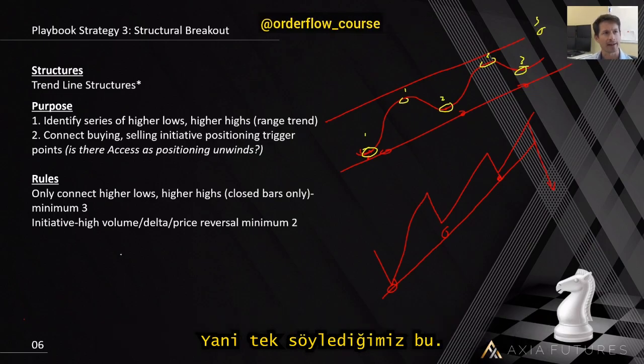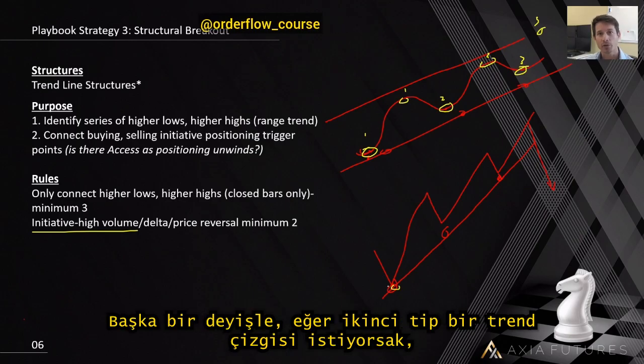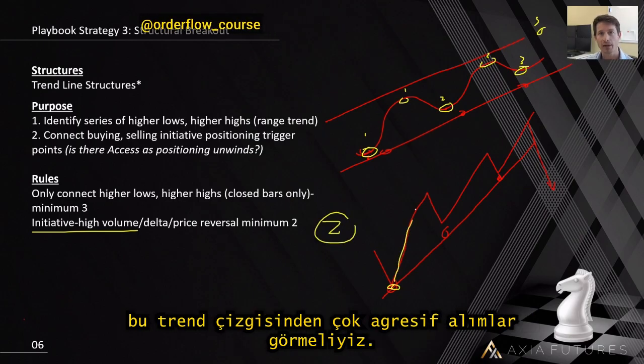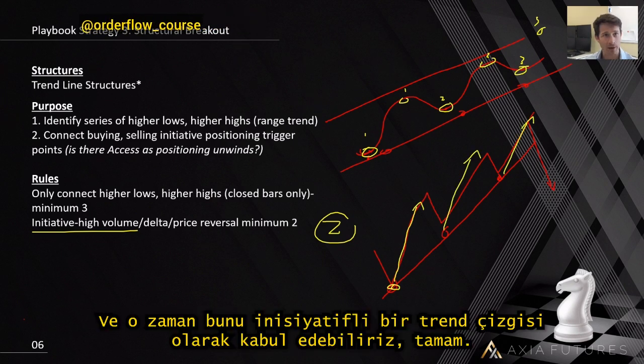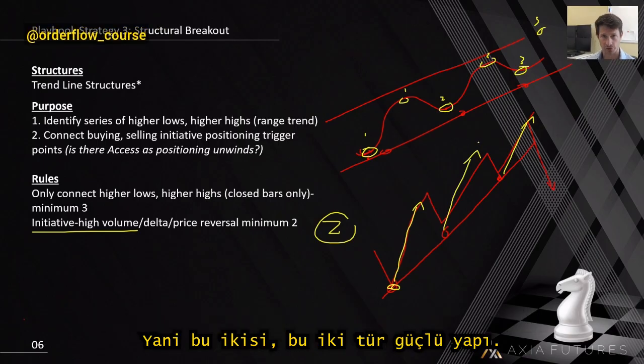That's all we're saying. And then the second part is we need to see initiative. In other words, if we want this second type of trend line, we've got to see very aggressive buying off of this trend line. Then we can deem this an initiative trend line. So those are the first two types of structures.